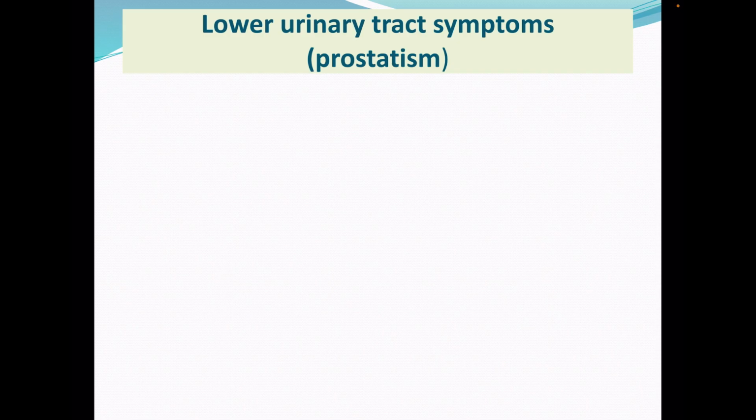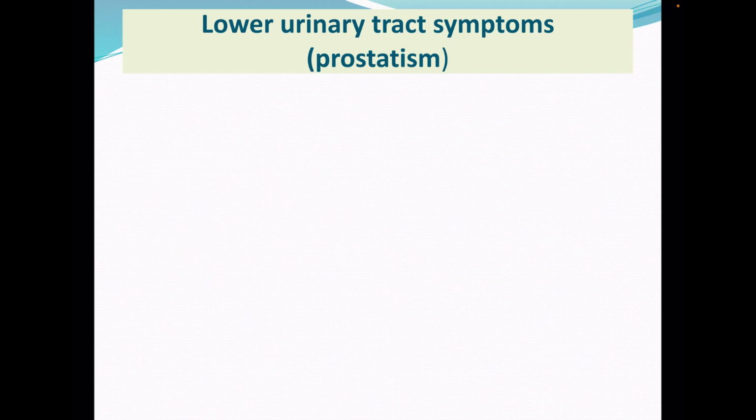We don't use the term prostatism nowadays. Rather, we say LUTS. So LUTS is actually non-specific symptoms of bladder dysfunction, which is due to either bladder outlet obstruction or inflammatory disease of bladder.